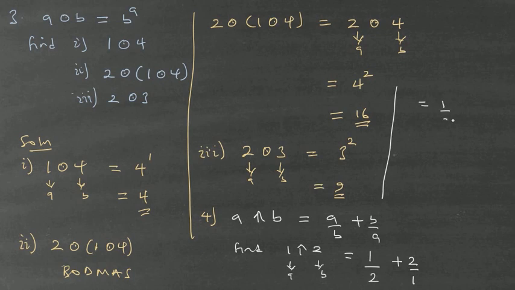You can make the denominators the same. It's the same as 4 over 2. I've just multiplied by 2 here, by 2 here, just to make the denominator 2. So when we have the same denominator, we can just add the numerators. So we have 1 plus 4 over 2, which is 5 over 2, giving us 2 whole number, 1 over 2.